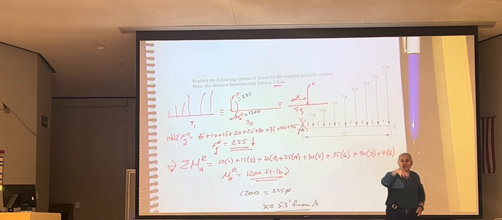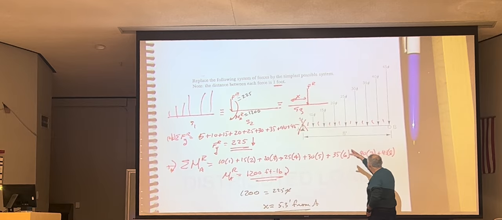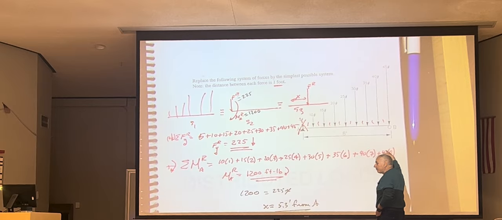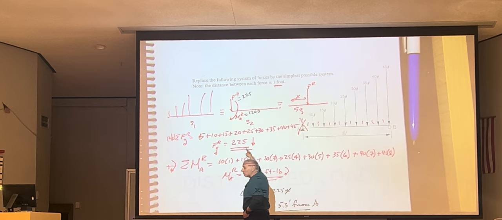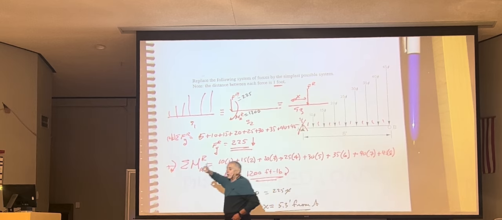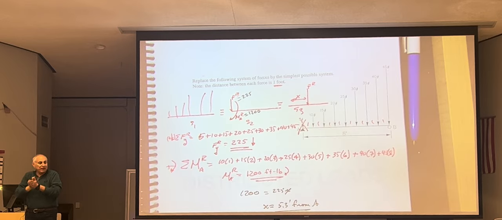So if this is a sensing, feeling being, it cannot decipher between all of these forces, 5 through 45, or a single force of 225 acting with a moment of 1200, or a single force 225 located 5.3 feet from A. It does not know the difference between the loads externally.